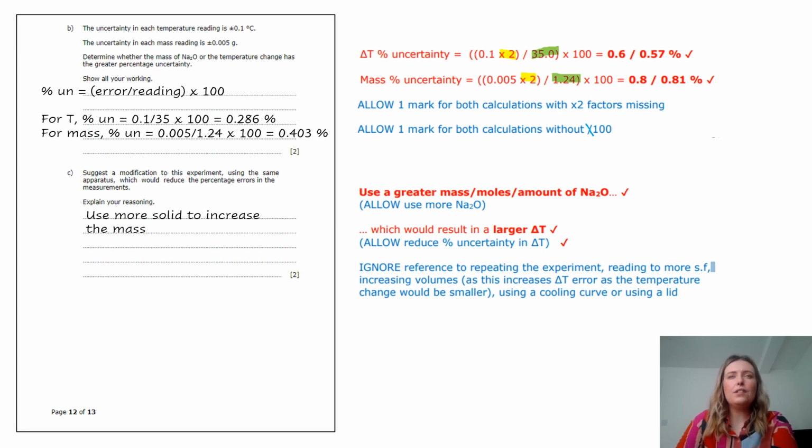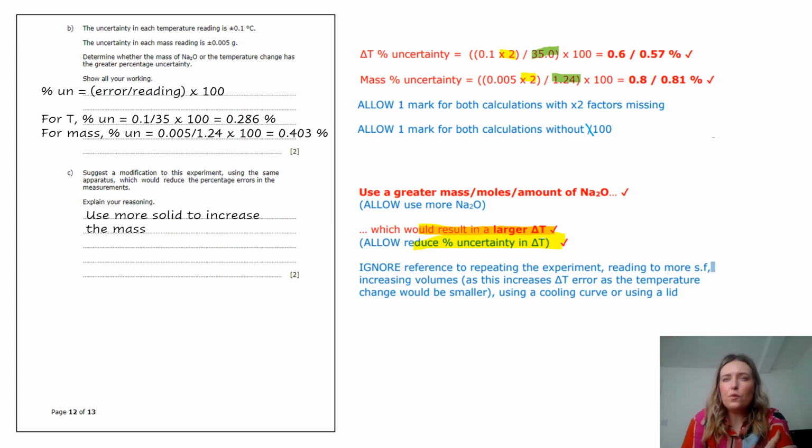So we want to say use a greater mass of sodium oxide, and you also need to mention that this would increase delta T. So it's likely that you might have said use more sodium oxide because this decreases the error in the mass measurement, but you also need to say and would result in a larger delta T, or and would reduce the percentage uncertainty in delta T. So it's a change that affects both.